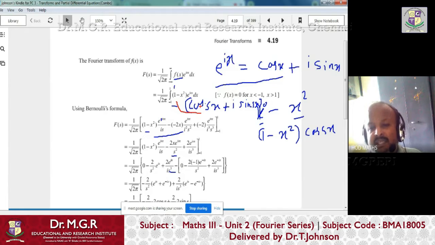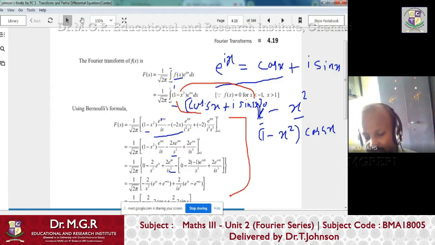Even into even is even, even into odd is odd, odd into even is also odd, but both odd become even, as well as both even also even. So here 1 minus x square into cos sx is even, but 1 minus x square into sin sx is odd. So even though this derivation is correct, I can simplify this derivation by using it like this.